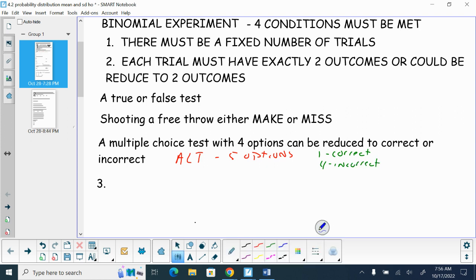If you were guessing on an ACT test, what percent chance would you have of guessing the question correct? 20% chance. You have a 1 out of 5 chance, which means we have a 4 out of 5 chance or an 80% chance of guessing incorrect.